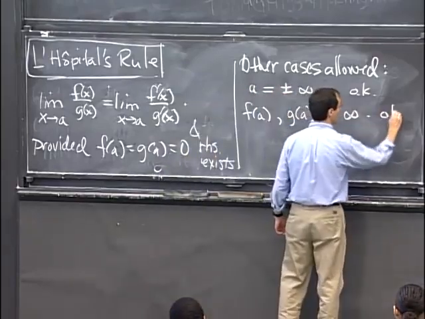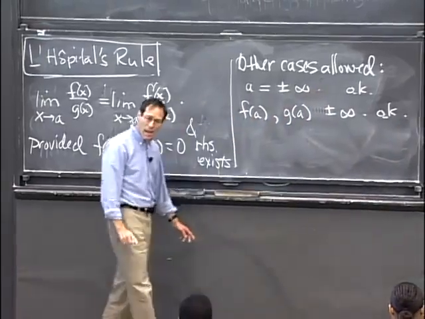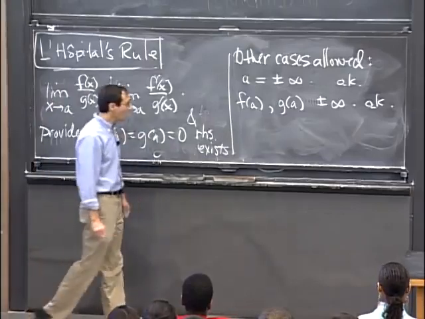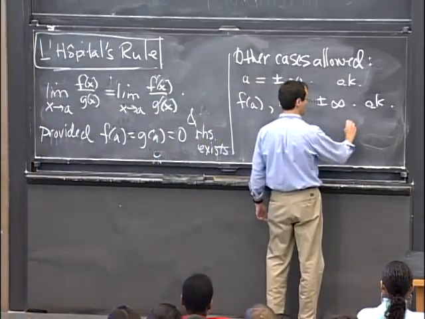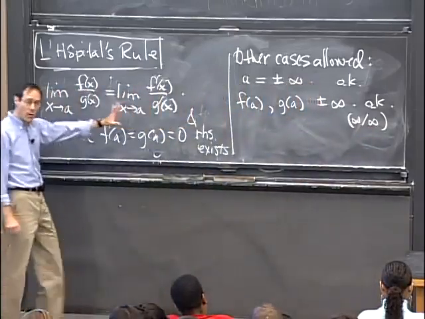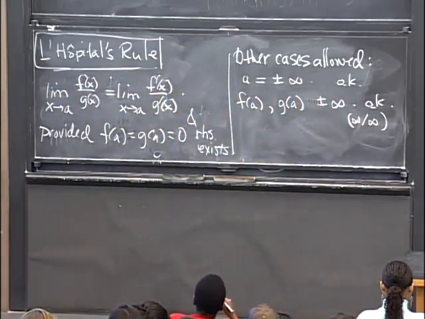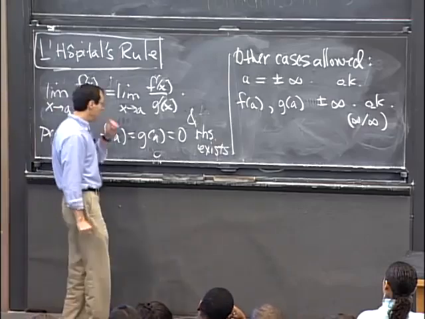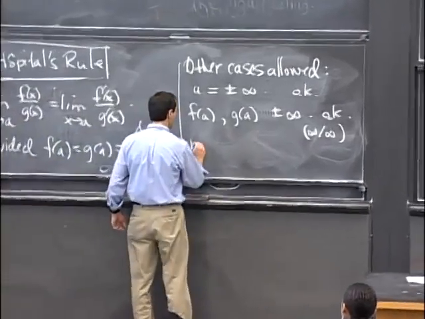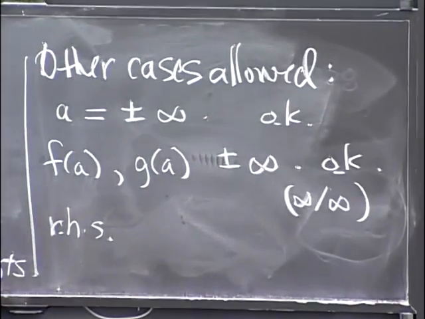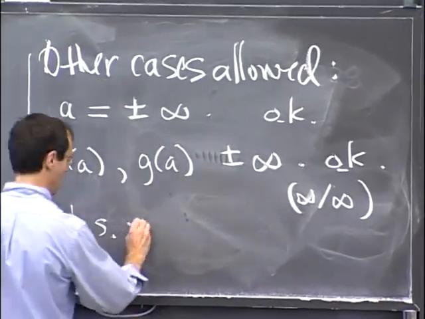It's okay. All right, so now the point is that we can handle not just the 0 over 0 case, but also the infinity over infinity case. That's a very powerful tool and quite different from the other cases. And the third thing is that the right-hand side doesn't really quite have to exist in the ordinary sense.